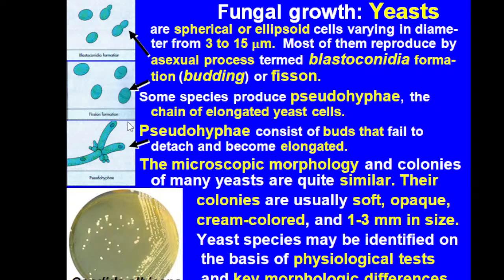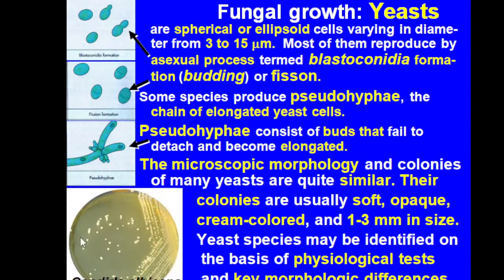So each elongated cell here is one single organism. In the characteristics of the fungi, we look at the microscopic morphology of the cells and the macroscopic morphology of the colonies.